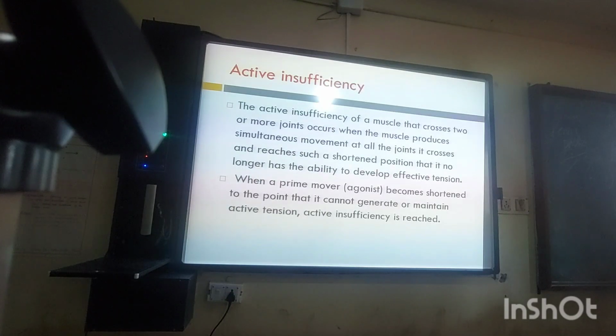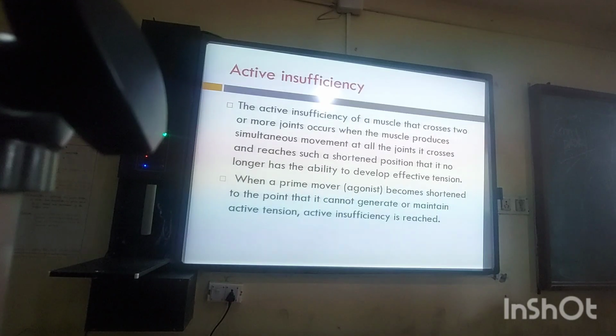The active insufficiency of a muscle that crosses two or more joints occurs when the muscle produces simultaneous movement at all the joints it crosses and reaches such a shortened position that it no longer has the ability to develop efficient tension. Fine. Now, adding to that information, because in some books the terms agonist and antagonist are used.